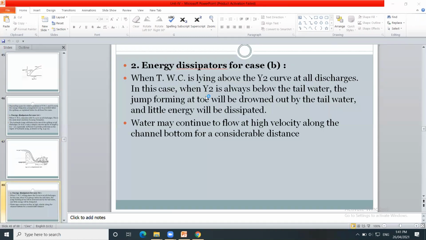For second case, when TWC curve lying above the Y2 curve. In this case, when Y2 is always below the tailwater, the jump forming at toe will be drowned out by tailwater, and little energy will be dissipated.